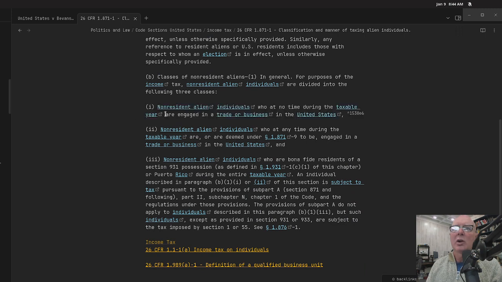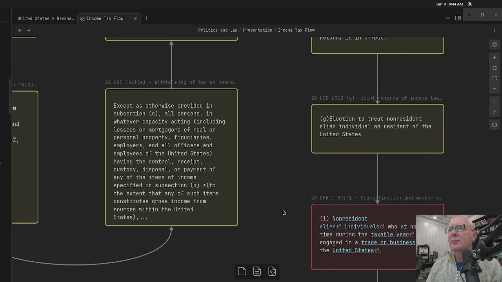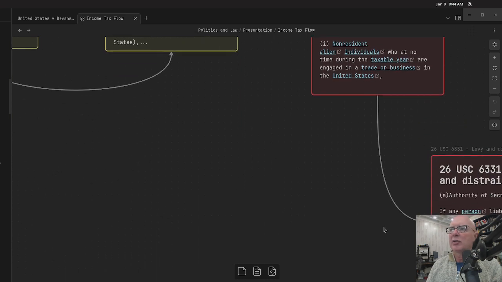And then the one class says non-resident alien individuals who at no time during the taxable year are engaged in a trade or business in the United States. I don't know how much clearer you can get. So that was you electing by filing a joint tax return.